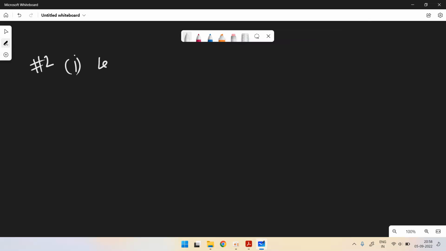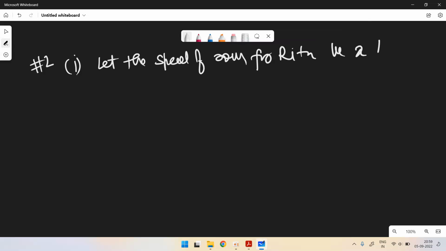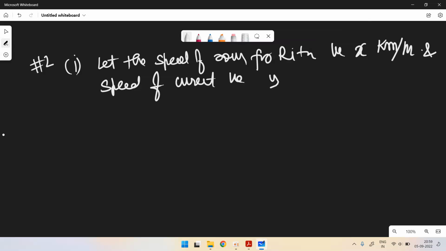So let the speed of rowing of Ritu be x, always write the unit, kilometer per hour, and the speed of current be y kilometer per hour.